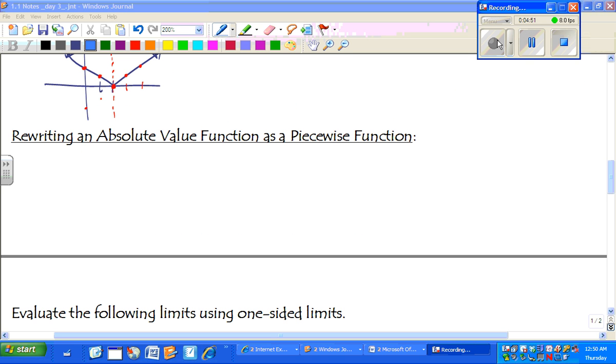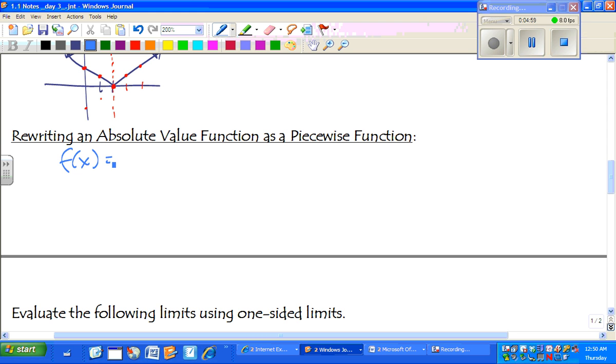So let's look at this in a general form. Rewriting an absolute value function as a piecewise function. Let's say we have f of x equals the absolute value of x plus a. Or we have f of x equals the absolute value of x minus a.